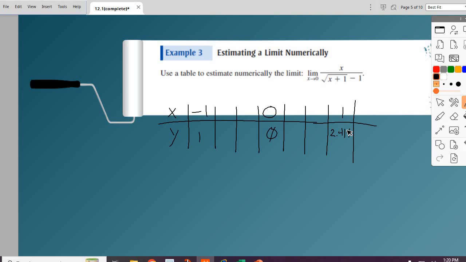So what we want to do is you're going to go back and click table again. We're going to use the same function, so you're going to click enter. But now we're going to change our step to 0.1 and then click OK. Because now we can get some values like negative 0.1, and that gives us 1.949.